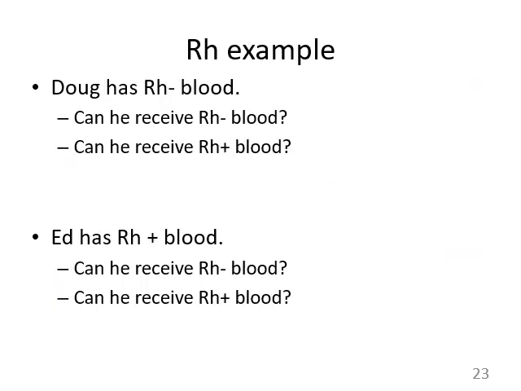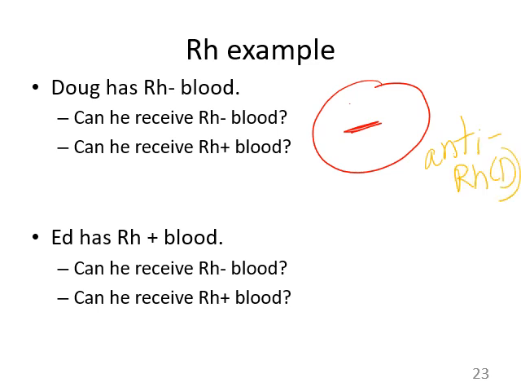Rh works much the same way, and again, when we ask you these questions, we're just going to assume that anybody that's Rh negative, we're going to go ahead and assume they have those anti-D antibodies. All right, patient D, Rh negative, he doesn't have any Rh antigen on his cell, but he does therefore have the anti-Rh or anti-D antibody.